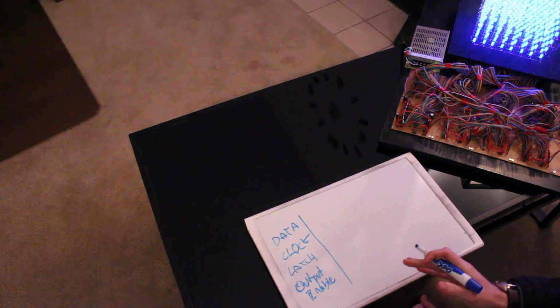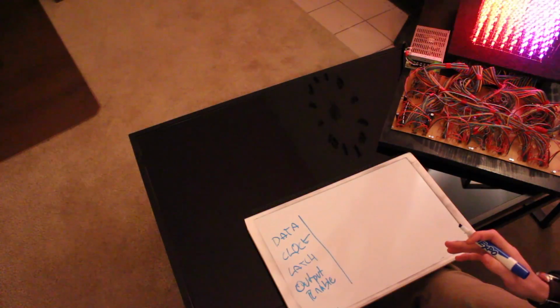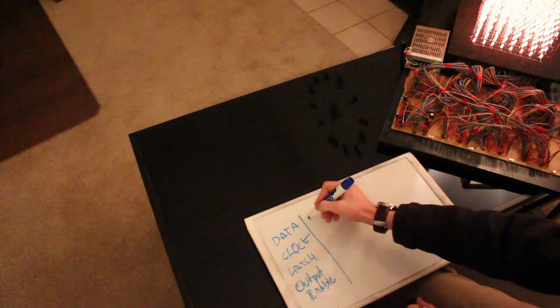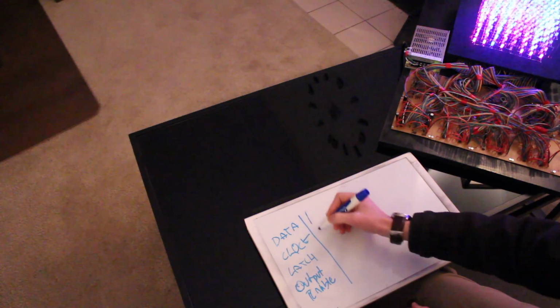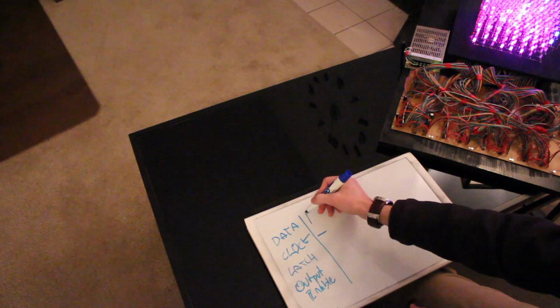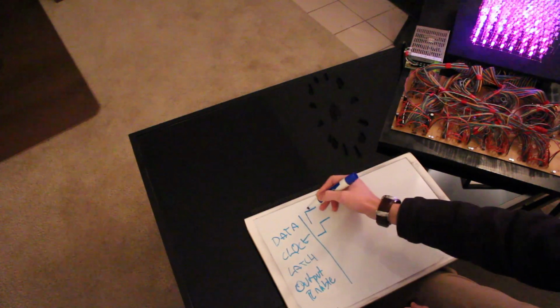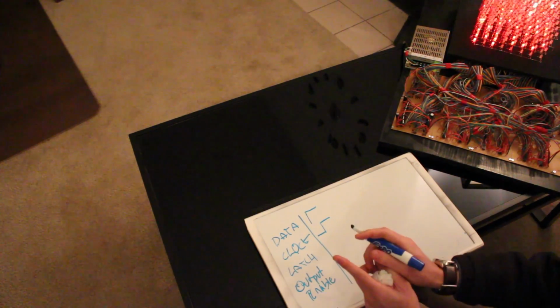So let's just write some data to it. I'm going to make the data pin go high, and here's your clock pin, which will start off at 0. As my data pin is high, I clock that, and then I have a 1 that gets clocked in.